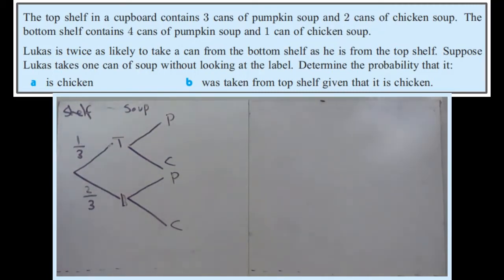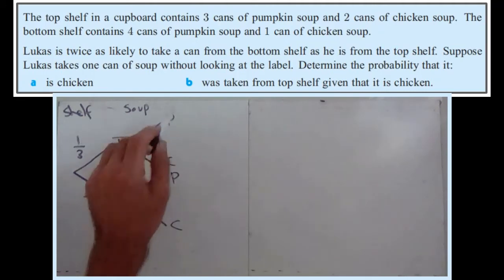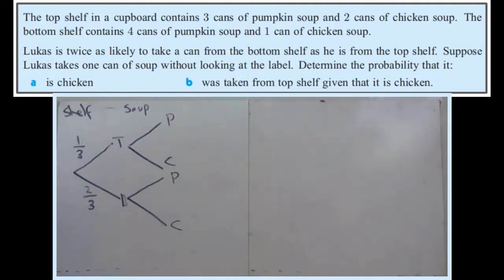Right, now these are called dependent events, because the probabilities of getting pumpkin or chicken are dependent on which shelf. There are different numbers on different shelves, so it does depend on which shelf you picked in the first place.